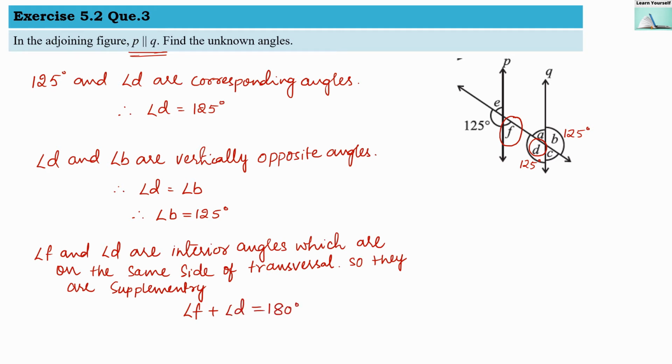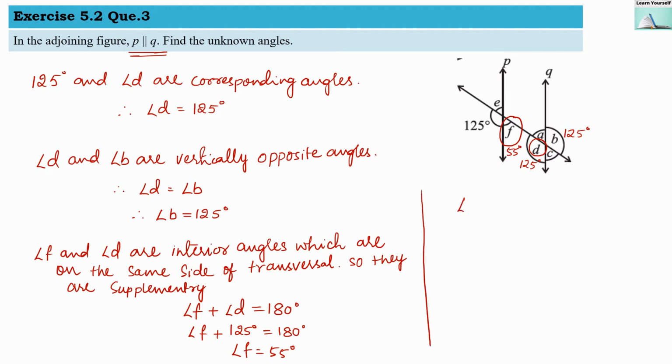Now we know that angle D is 125 degrees. So from this we can find the measure of angle F, and that will be 180 minus 125, which is 55 degrees. Angle F is 55 degrees.